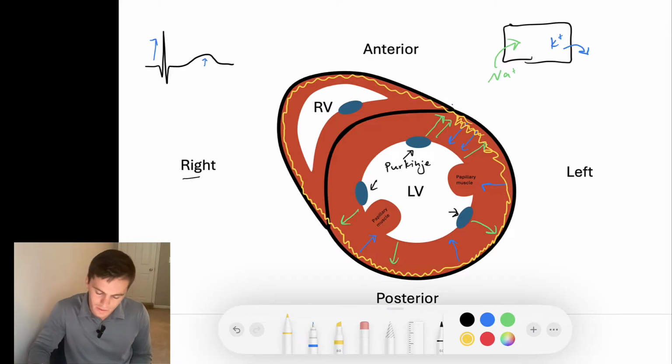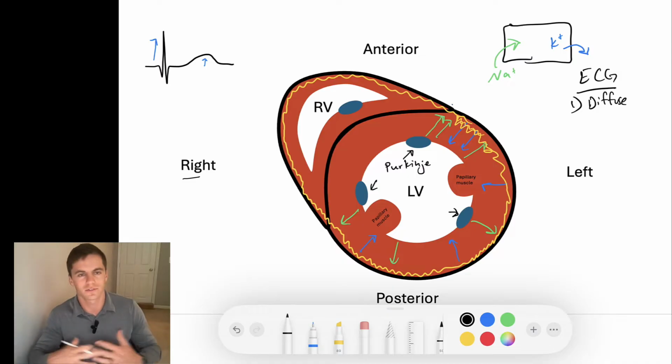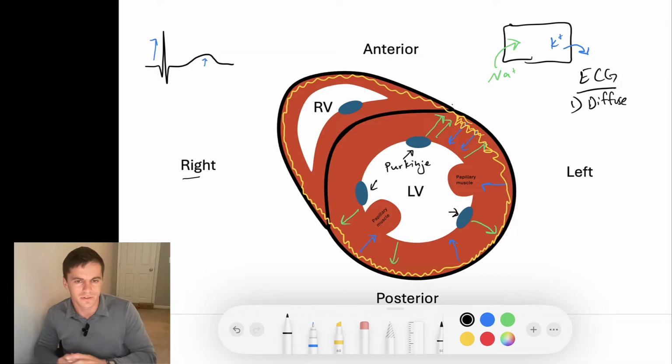So what we will see on the ECG is, one, the changes will be generally diffuse, right? Because it is causing inflammation throughout the myocardium. So you'll see this in pretty much all of our leads, okay? Whereas in an MI, you're going to see it in very anatomic leads. Oh, this is lateral changes. This is inferior changes, right?